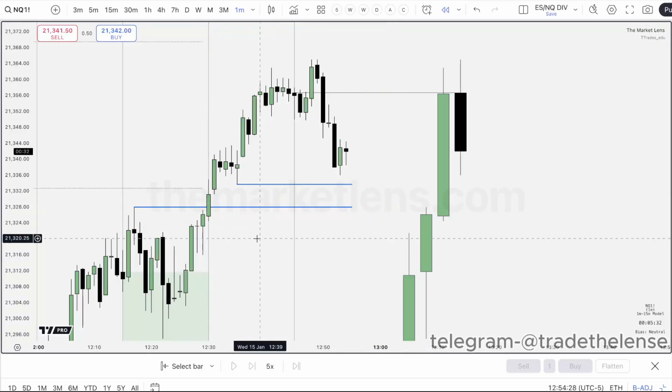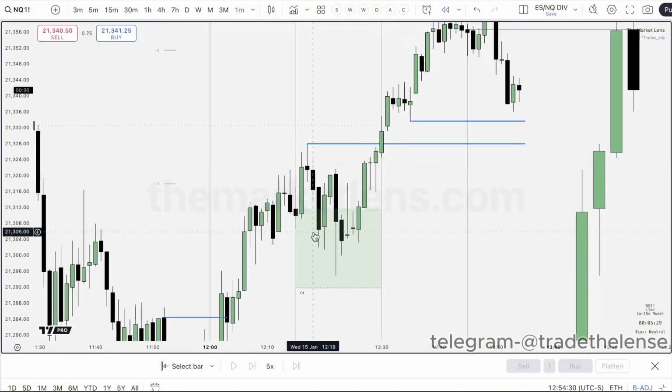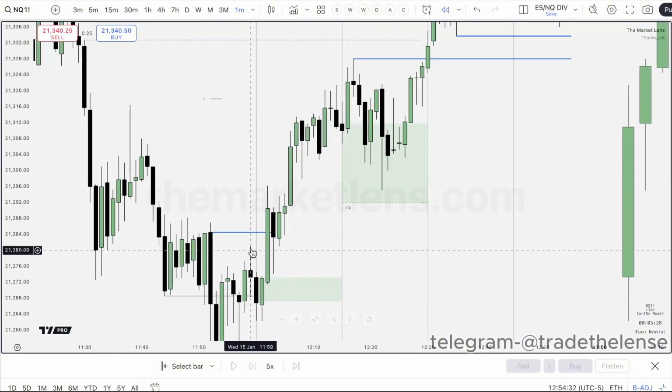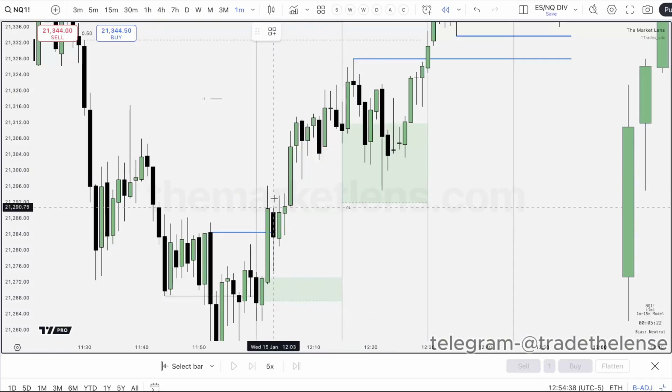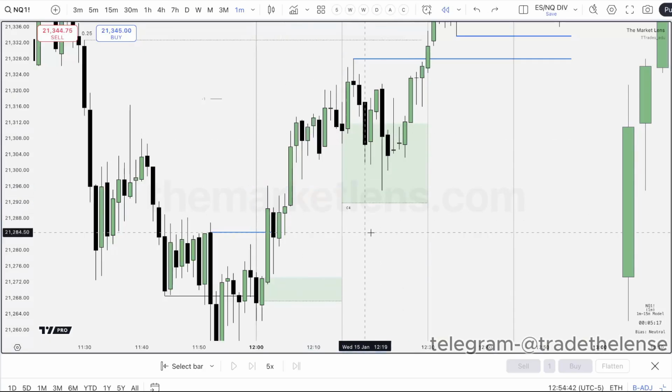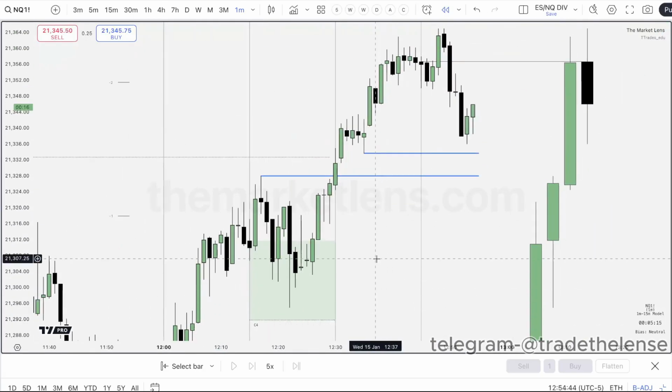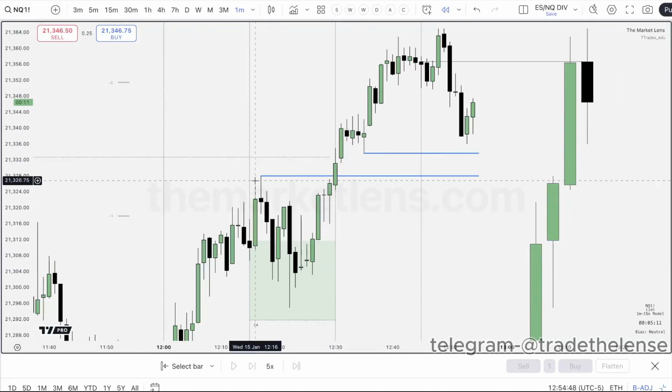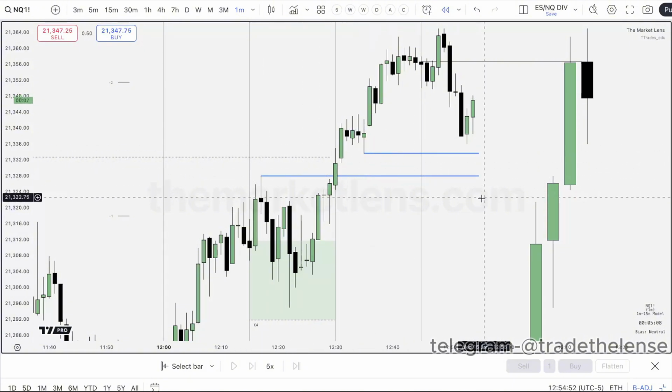But this is where I view it as not balanced because I look at this price action, right? Price trades, this is now overlapping with that. So I consider all of that price action balanced. If I look here, this is where it's not balanced because this high doesn't overlap with the low yet.